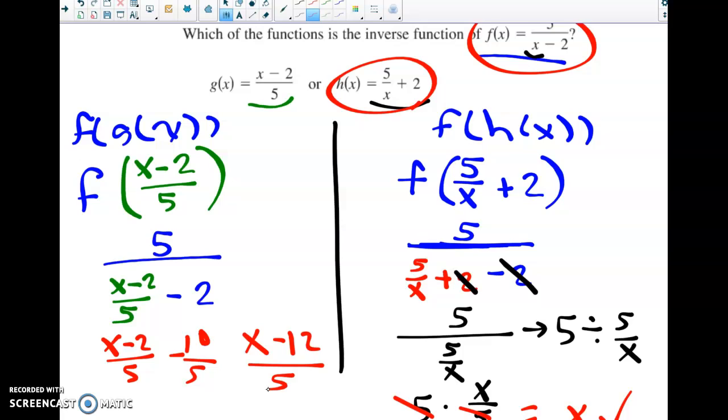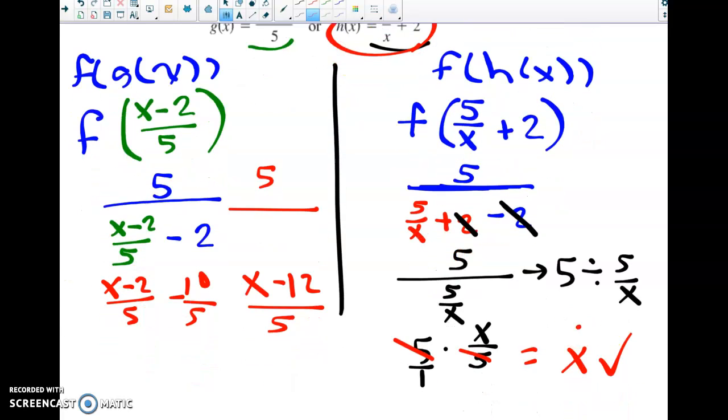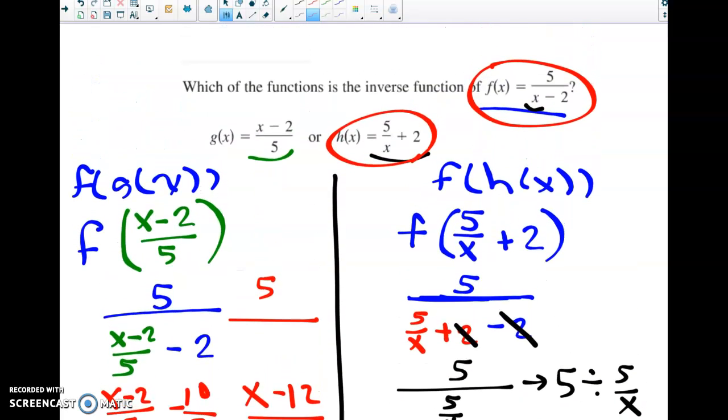And then you would do the same thing, 5 divided by that whole fraction, which you can see we're just going down a pathway that does not result in x being the answer. So looking at the right here, our goal was to get x in the composition, and that proved that f and h are inverses of each other.